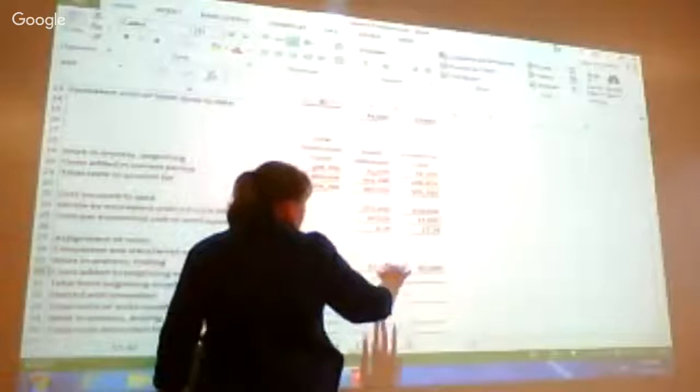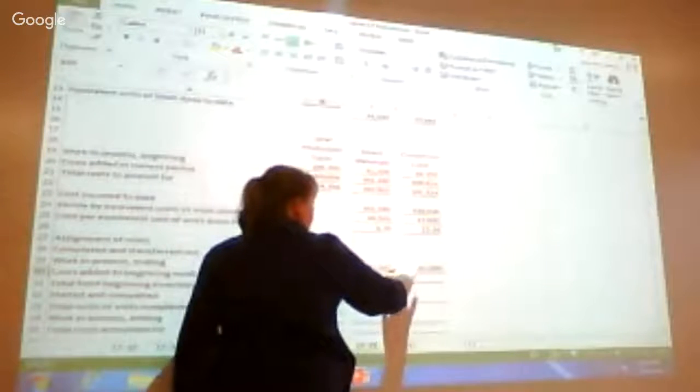Okay, so first in, first out, the first thing I put down is the cost that was already in the bucket. So I take whatever was in work in process at the beginning, and that's my first line, because that's the first items that are out.